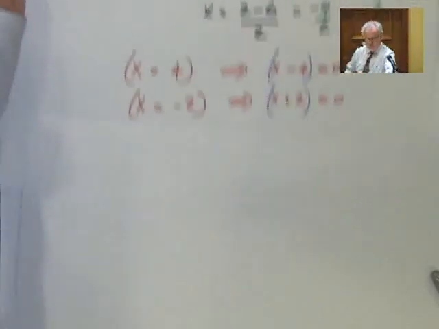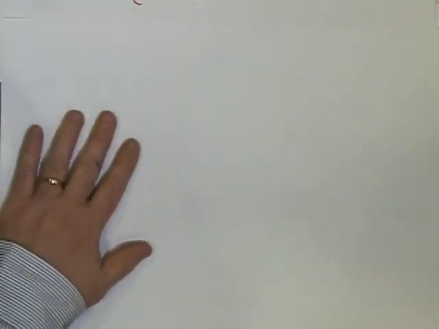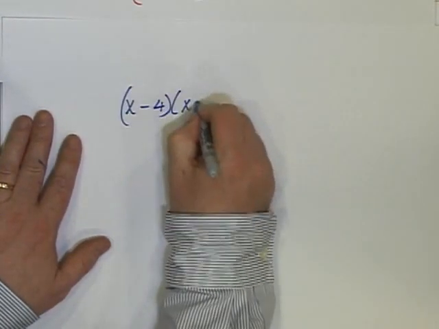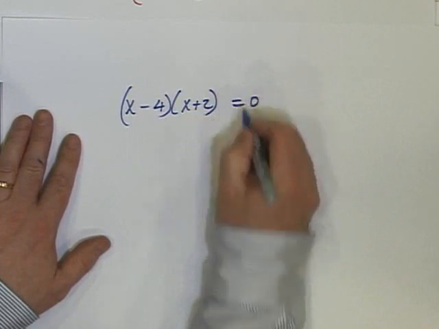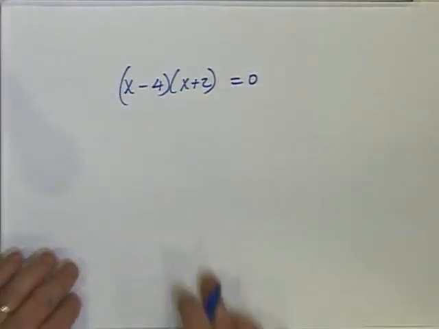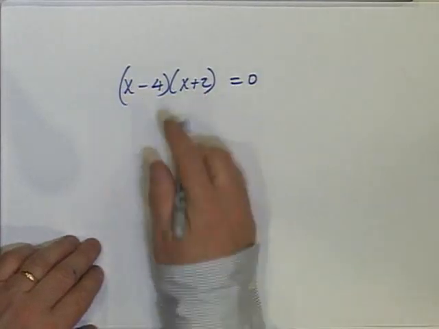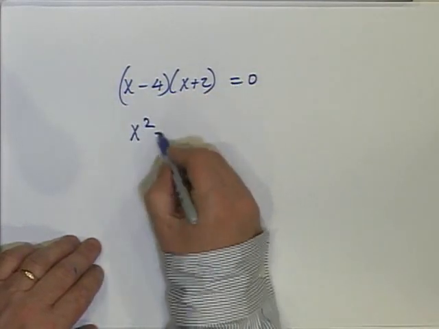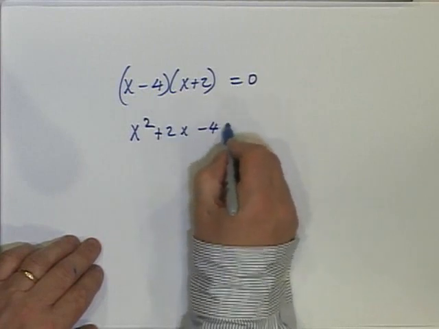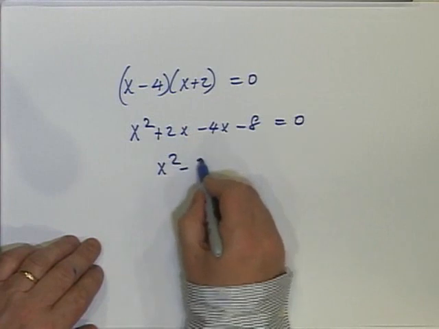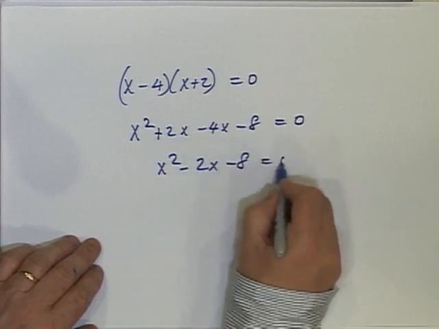In other words, x minus 4 times x plus 2 equals 0. If we were to do the FOIL method on that again, we get x squared for that, then 2x, then minus 4x, then minus 8 is 0. Or x squared minus 2x minus 8 is 0.